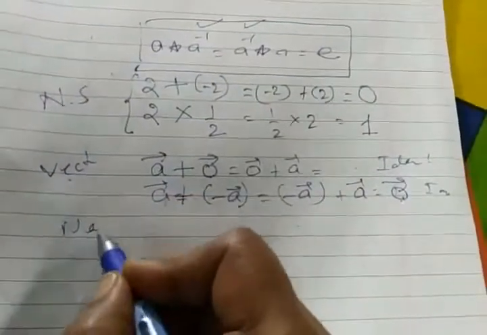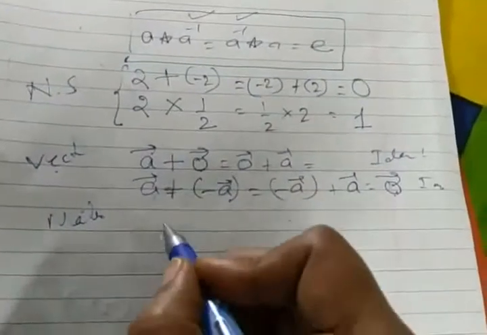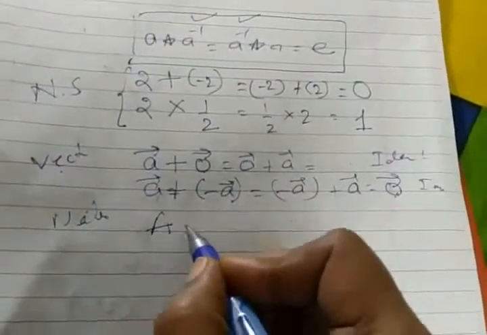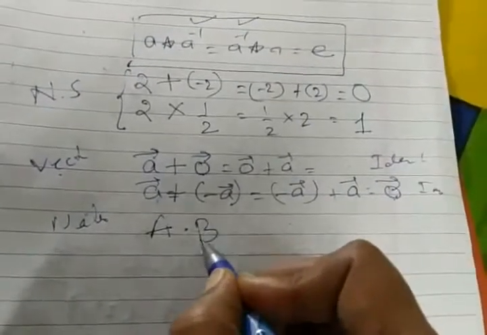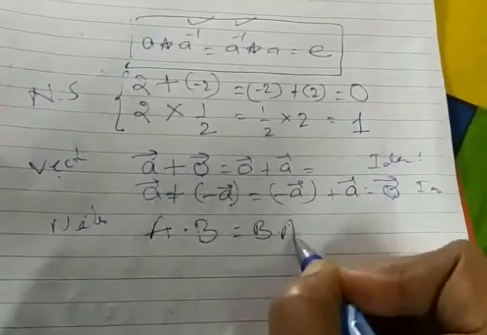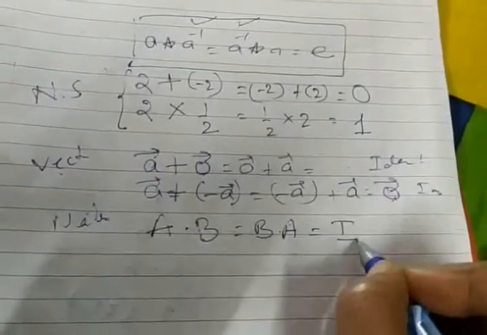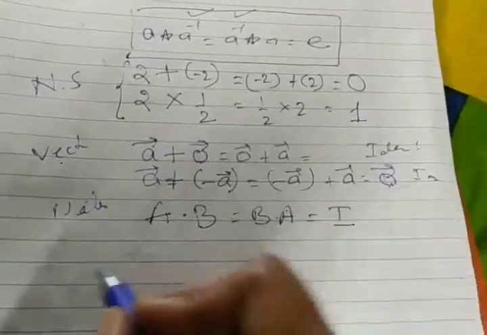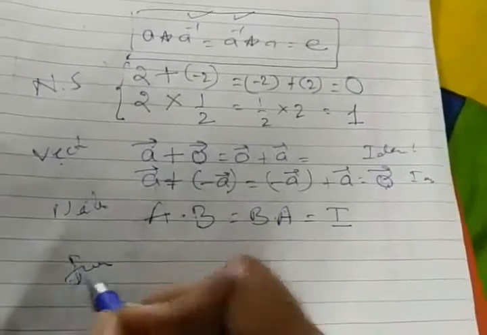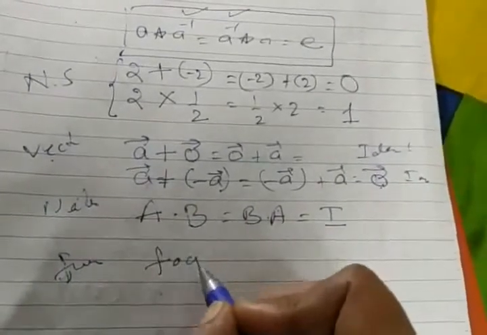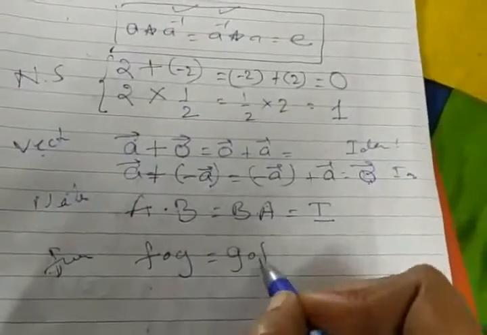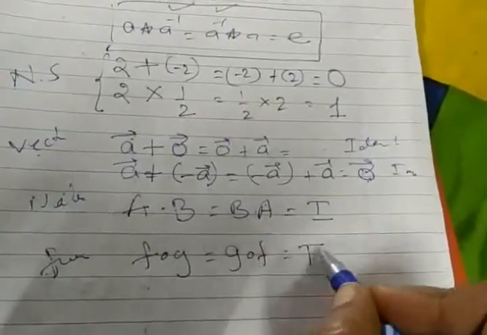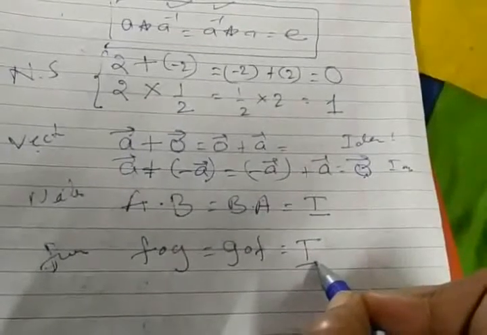Similarly in matrix also, you are learning that A is multiplied with respect to multiplication, A is multiplied to B or B is multiplied to A. I should expect the identity matrix. Regarding functions also you have come across F naught G with respect to the composite operation, and the reverse, G naught F. We expect here the identity function.